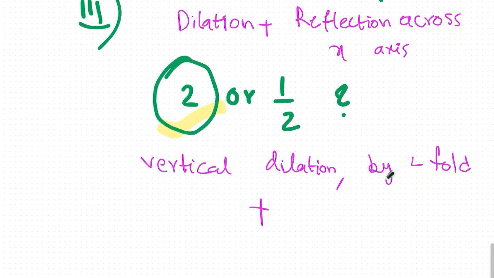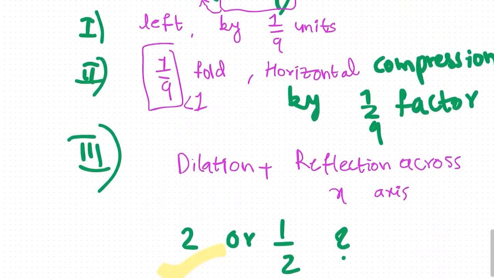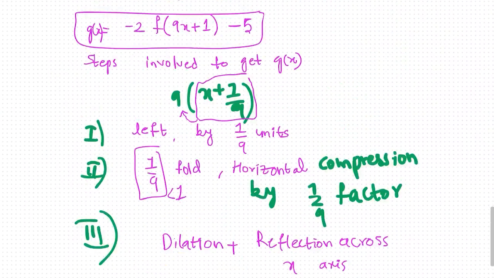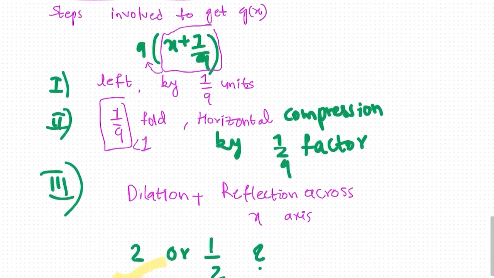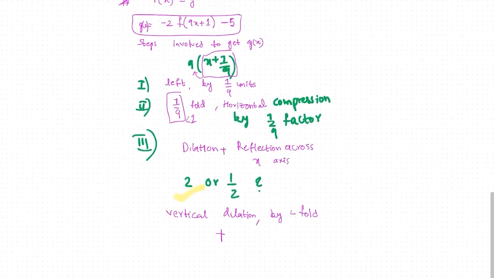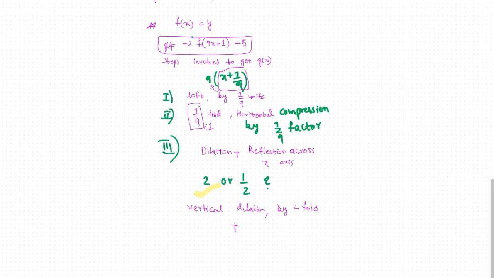When we did multiplication by 2, dilation by 2, there is one more thing in between. Can you guess? It's not 2, it is -2, so you reflect it over the x-axis.